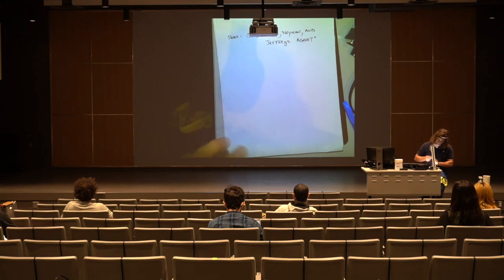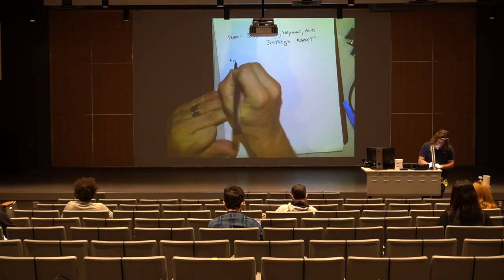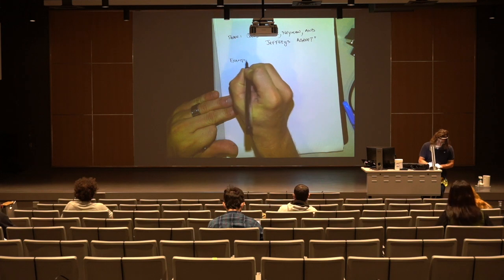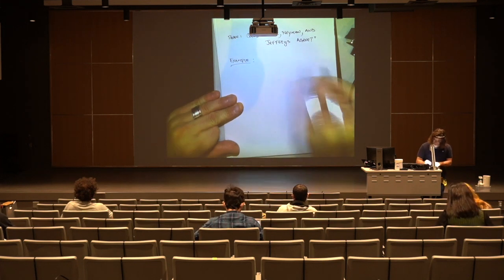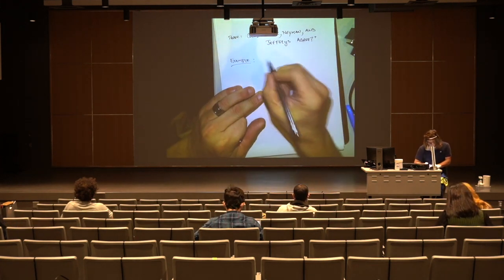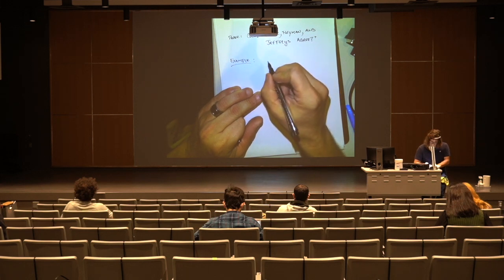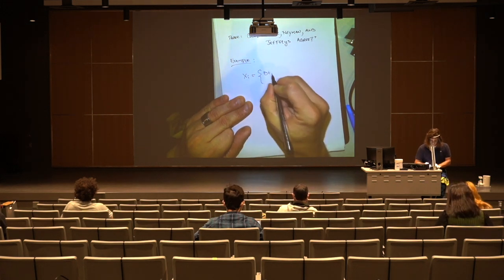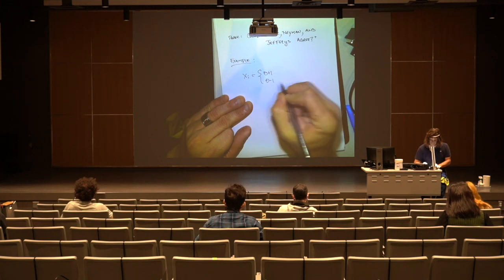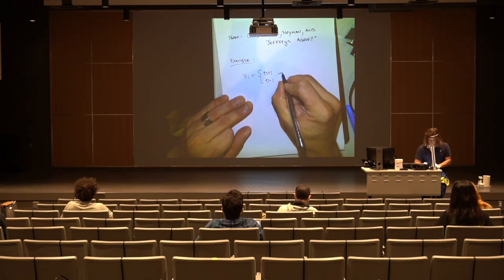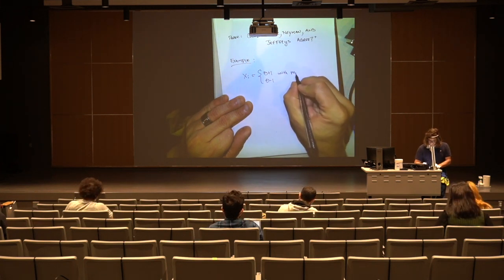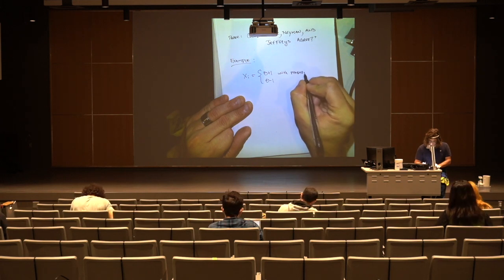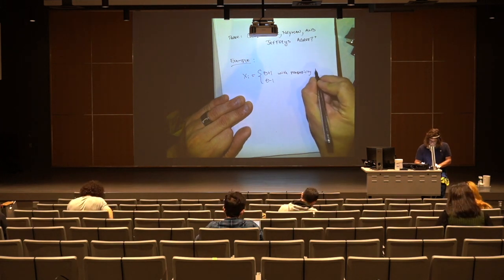Here's my example. Kind of a little bit weird, so I want us to think about it for a second. My distribution is going to be: x_i is equal to either theta plus 1 or theta minus 1, and each happens with probability 1/2.